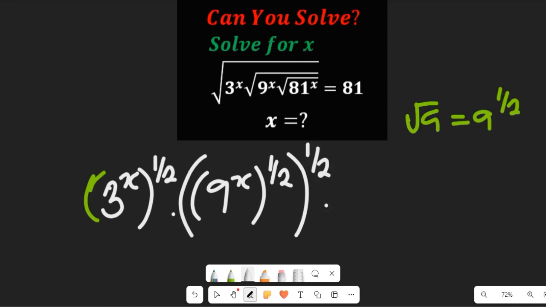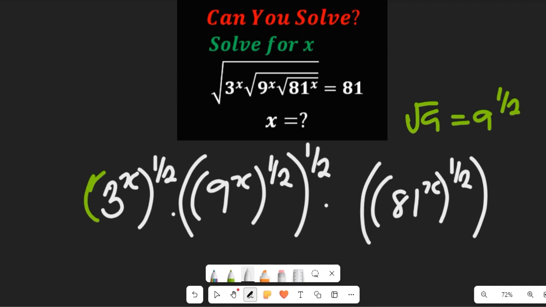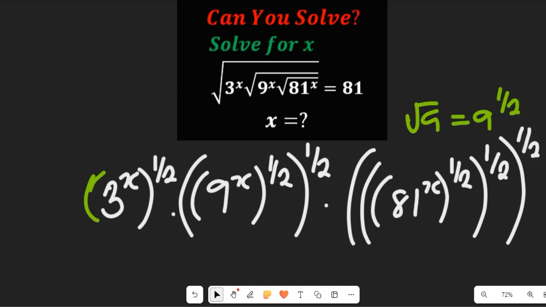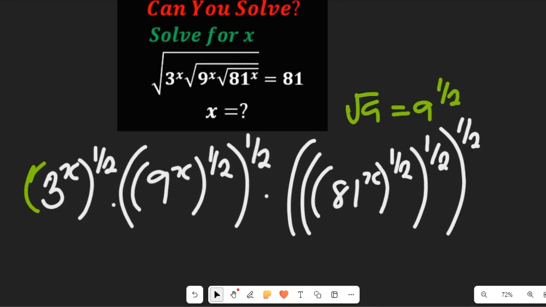Now, we have the square root of 81. It has three square roots, so we assign it three exponents: 81 to the power of x, to the power of 1 divided by 2, 1 divided by 2, and 1 divided by 2.